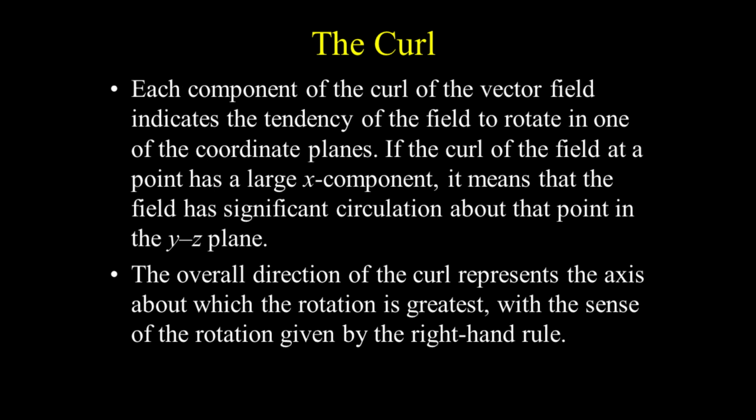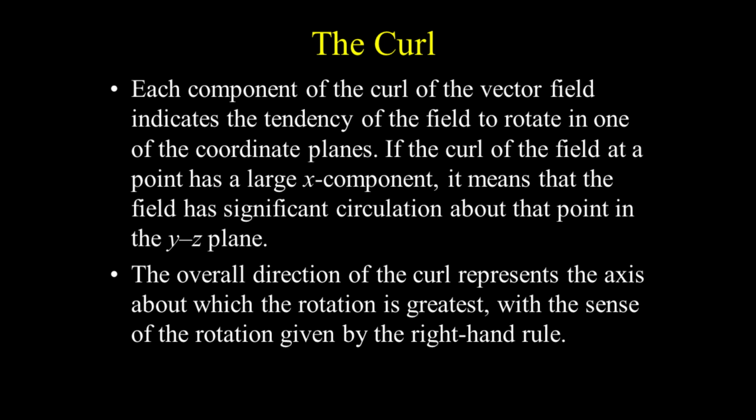Each component of the curl of the vector field indicates the tendency of the field to rotate in one of the coordinate planes. If the curl of the field at a point has a large x component, it means that the field has significant circulation about that point in the yz plane.